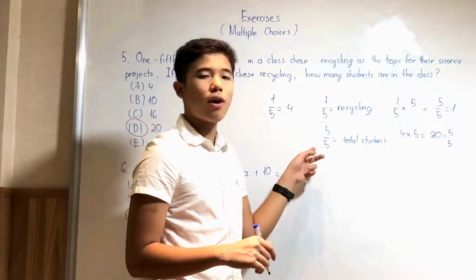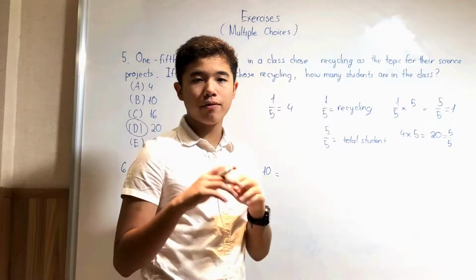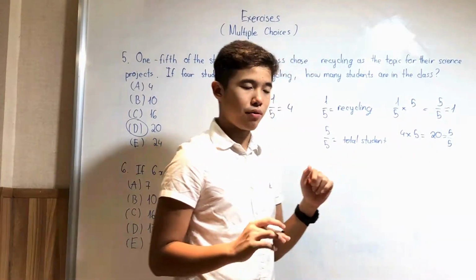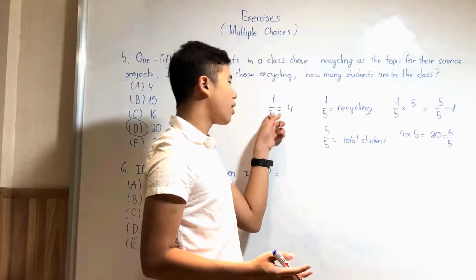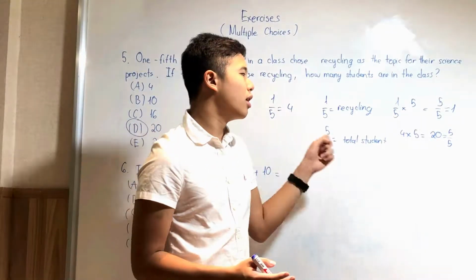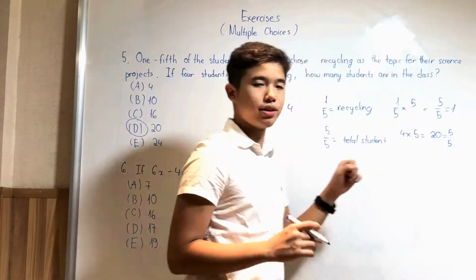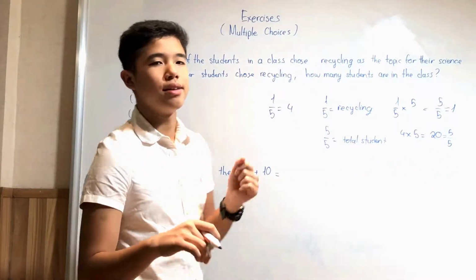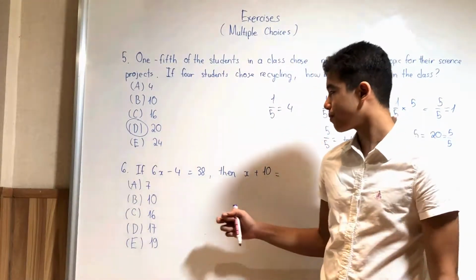So to get 5 over 5, we take 1 over 5 times 5. 1 over 5 times 5 is equal to 5 over 5. But 1 over 5 here is equal to 4. So 4 times 5 is equal to 20. So the answer here is 20. Let's move on to the next one.